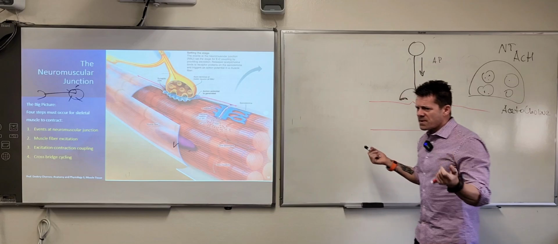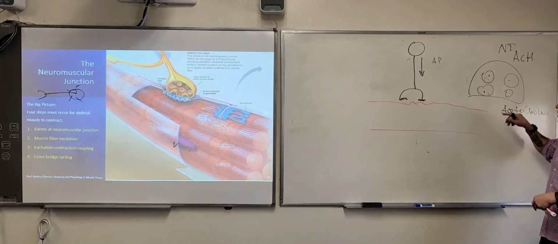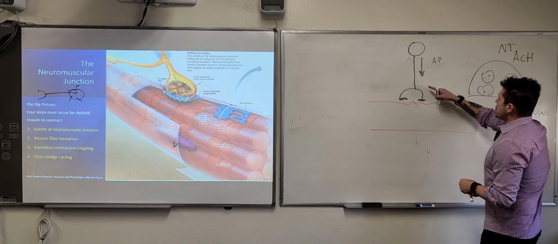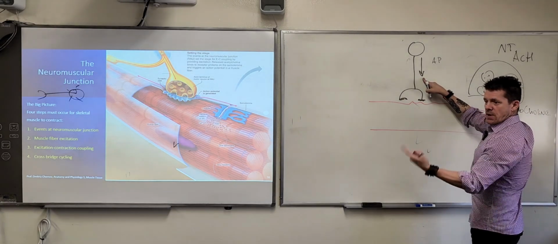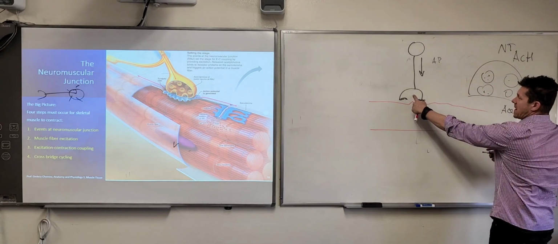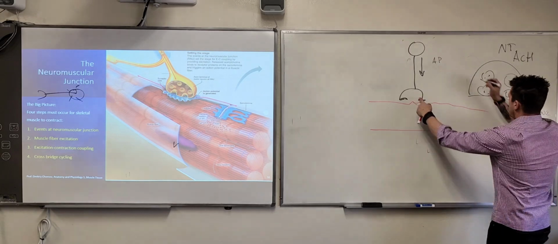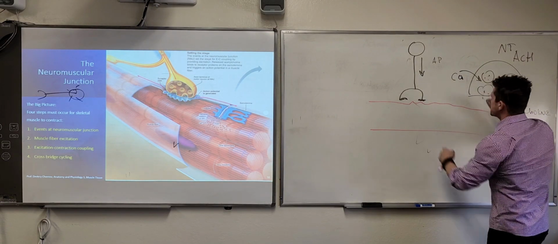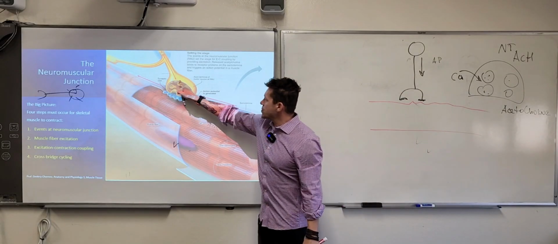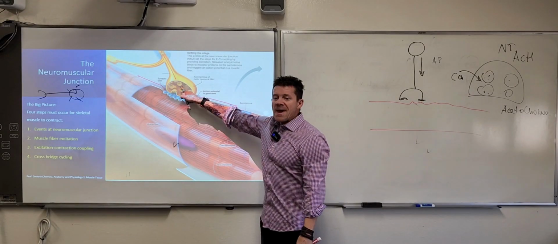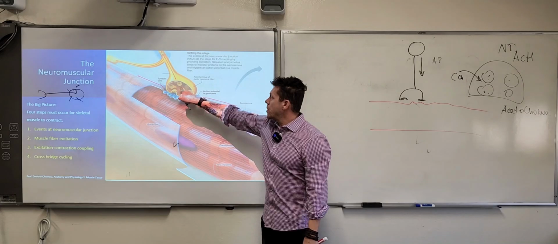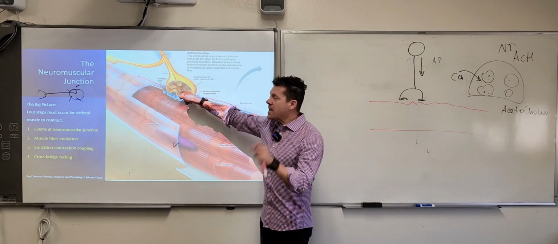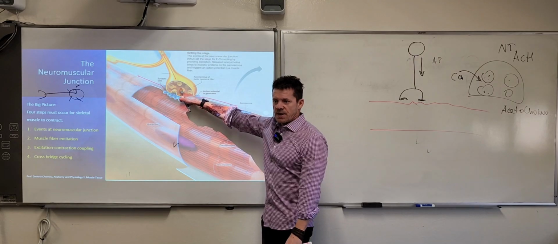Dopamine, serotonin, norepinephrine, epinephrine are different types of neurotransmitters. In this case, within the muscles, that's acetylcholine. So when this electrical impulse arrives at the neuromuscular junction, calcium flows inside. Neurons make acetylcholine and store it here at the neuromuscular junction. It's constantly being made and stored here, non-stop.